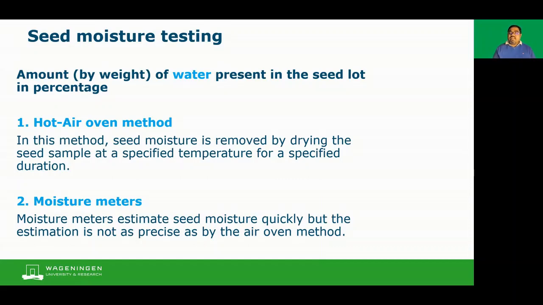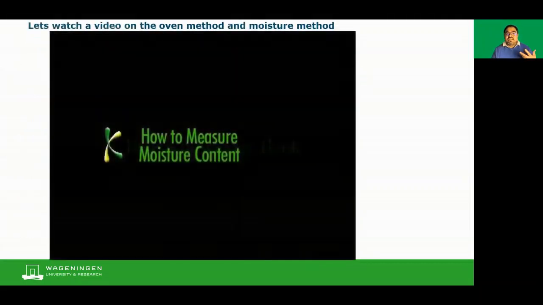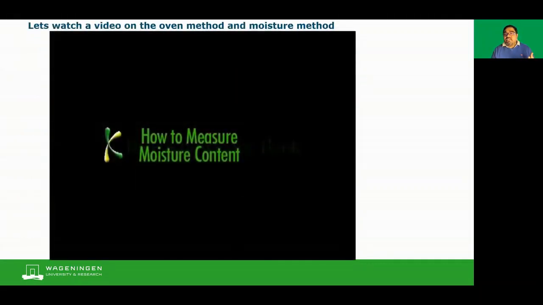For example, one equipment determines the moisture based on resistance: the higher the moisture, the higher the resistance in the seeds. Another moisture meter determines the moisture based on capacitance, and the capacitance varies when the water content inside the seeds increases or decreases. So these are the different methods by which moisture content is measured.